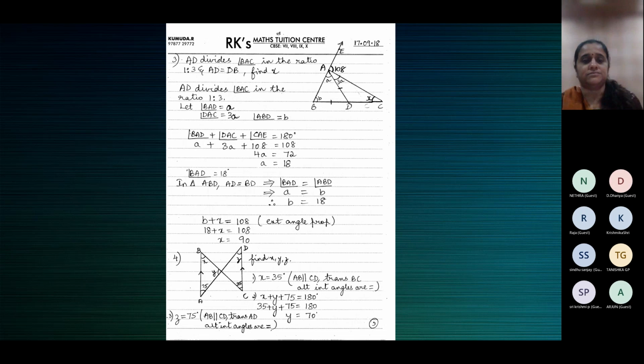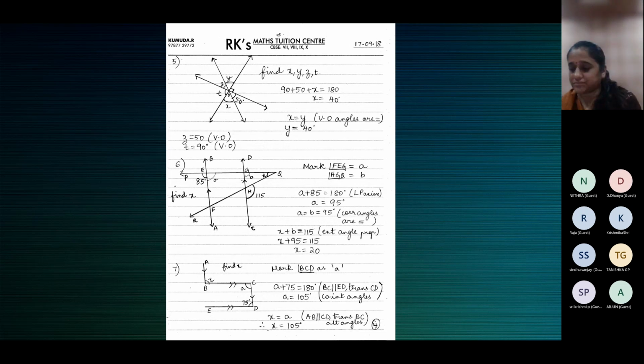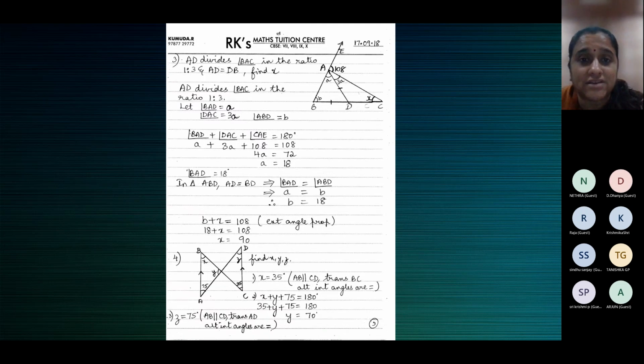Yeah, children. Next one. So we all know that the measure of a complete angle is 360 degrees. So a complete angle is around a point, when there are many angles formed around a point.